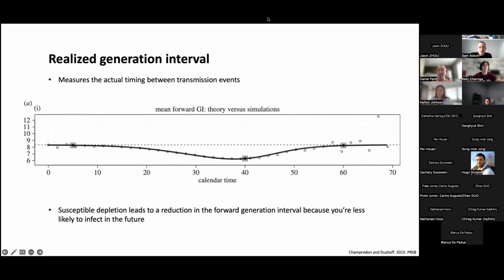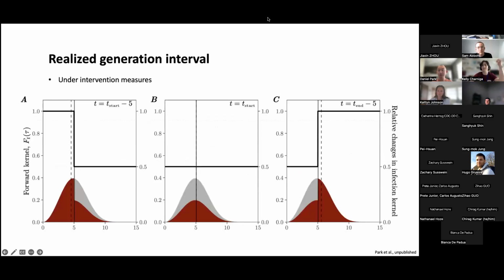Yeah. No problem. And then now let's try to be a little bit more concrete. So here, the gray line is showing a kernel, showing when you would infect without intervention. The black line is representing some kind of intervention. So what would happen if intervention kicked in on day 5?